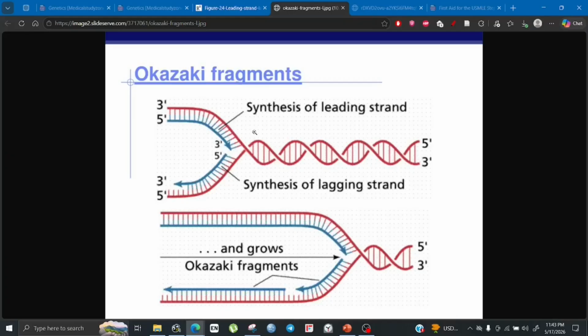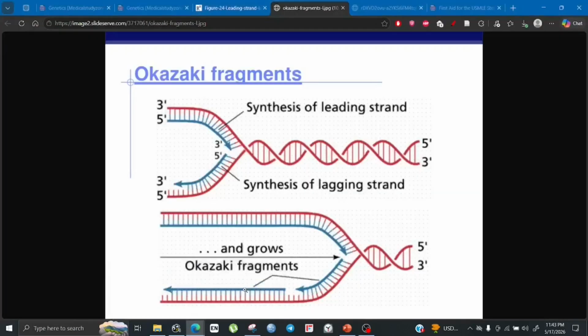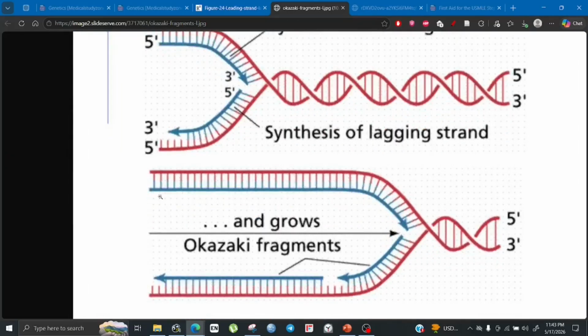So now what they're asking is, okay, one of these strands is produced in the direction opposite to the advancing replication fork, right? So one is towards the replication fork, and the other is in the direction opposite to it. So this strand is in the direction towards it, and this is in the direction opposite to it.